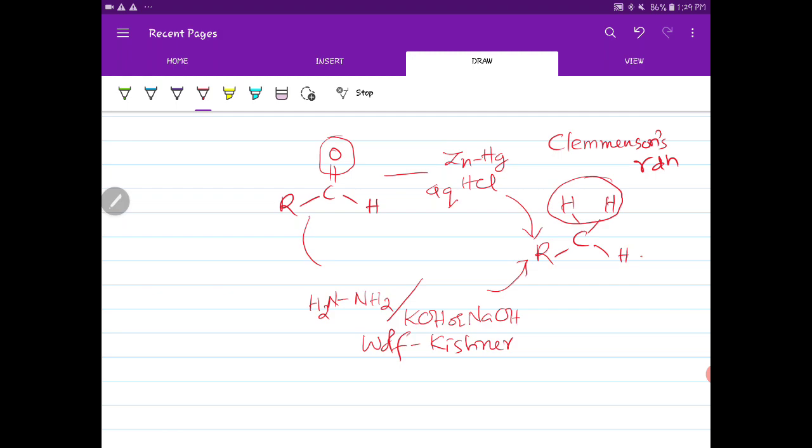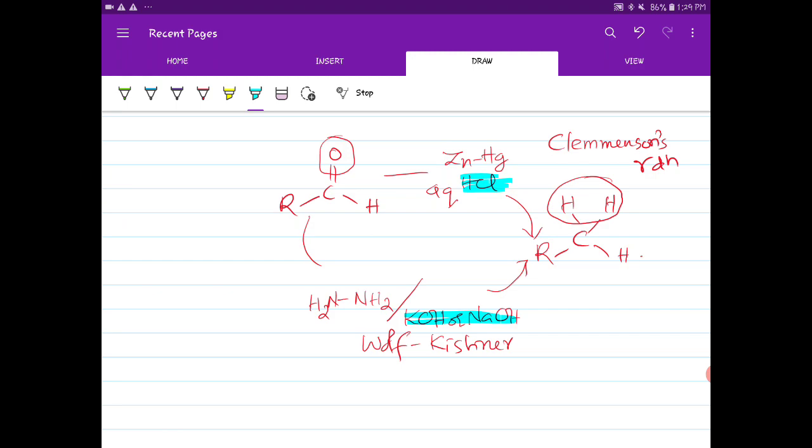Tell me, what is the difference between Clemmensen's reduction and Wolff-Kishner reduction? The main difference is Clemmensen's reduction happens in acid, whereas the Wolff-Kishner reduction happens in basic medium. Both of them are complementary to each other. Both of them do the same job.